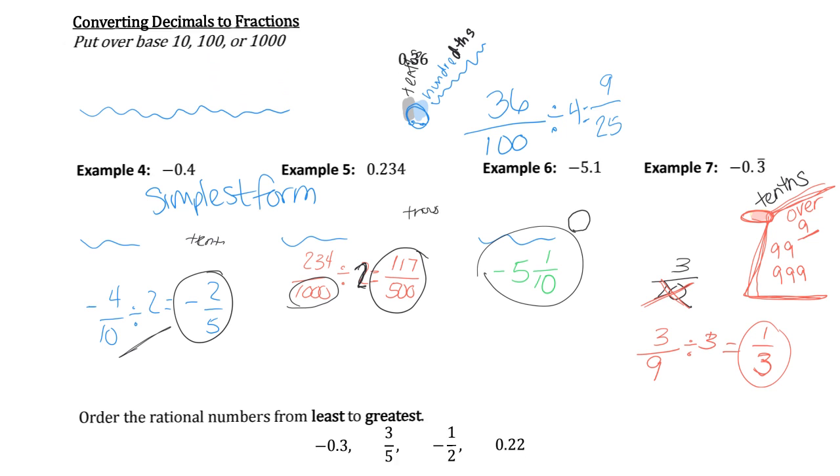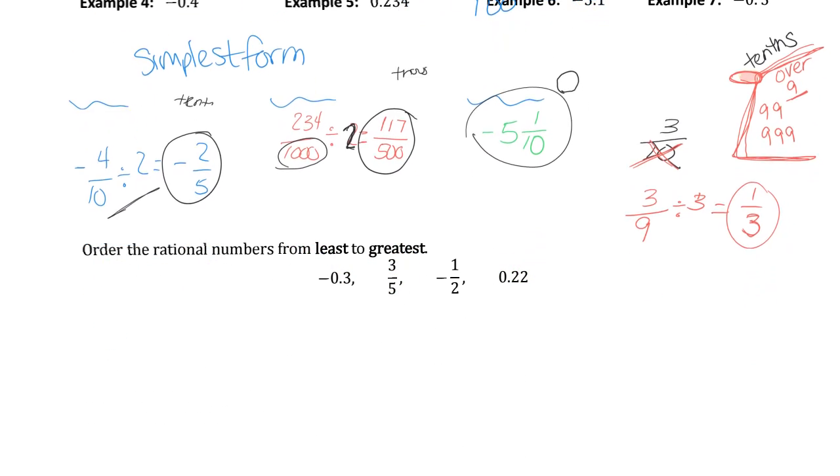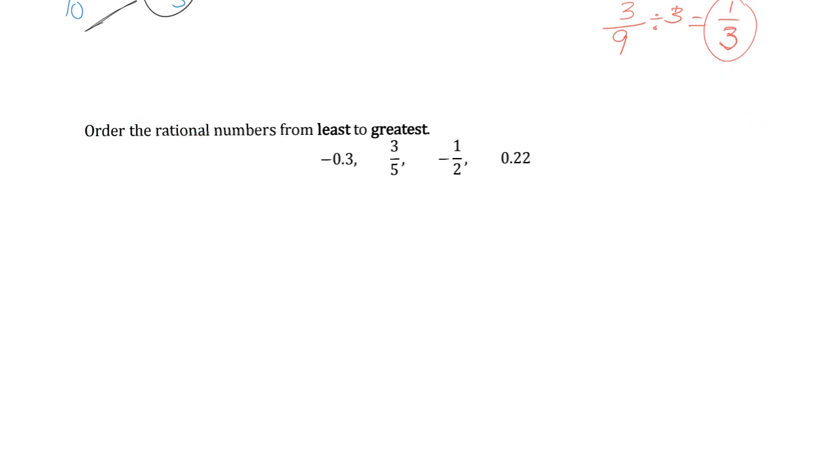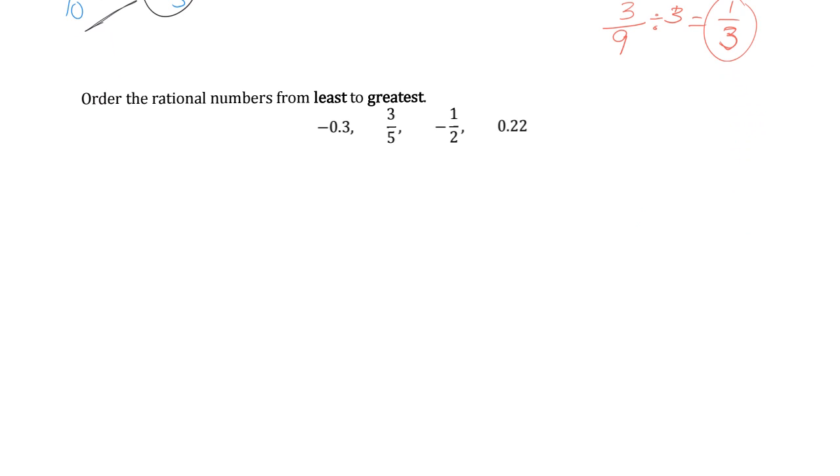Okay. So looking at the next example here, it says order the rational numbers from least to greatest, right? So you're going to want to figure out the decimal or the fraction version. Fractions are kind of hard to tell what exactly order they should go in. So I would suggest anytime I ask you to order the rational numbers, always make them decimals.